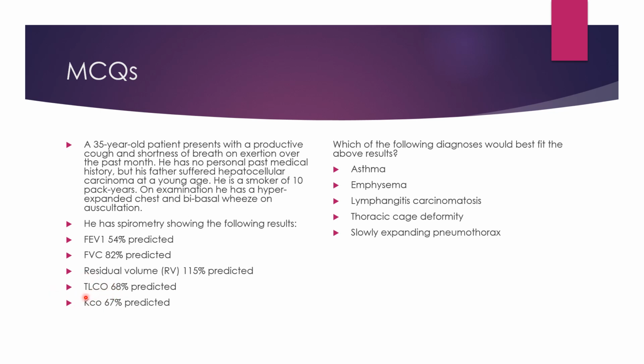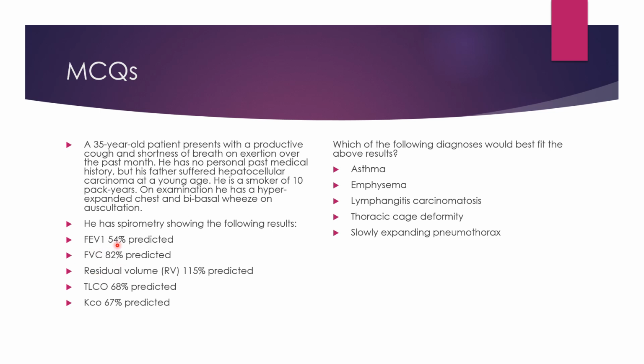TLCO is transfer factor, not total lung capacity, because when the residual volume is more, and if you read this as total lung capacity, you get confused. So don't confuse, this is transfer factor and this is transfer coefficient. This is different from total lung capacity. The abbreviation may look similar, but this has an O in the end, so don't confuse.